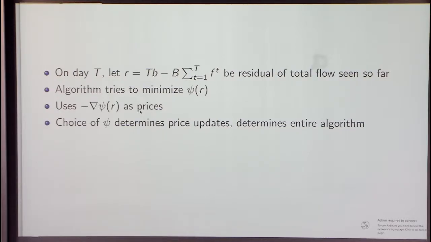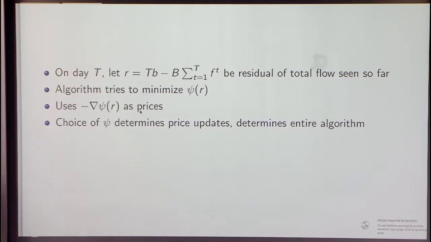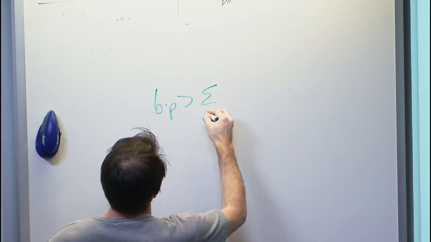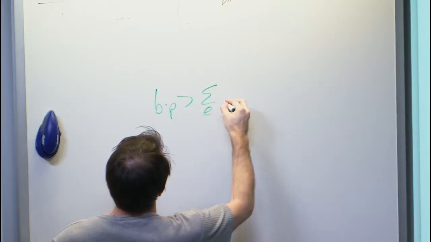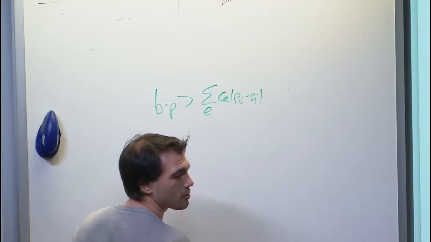Okay, so basically, if you want to look at the analysis, remember we said that if we had B dot P bigger than the sum over e of C_e (P_i minus P_j), we stopped.